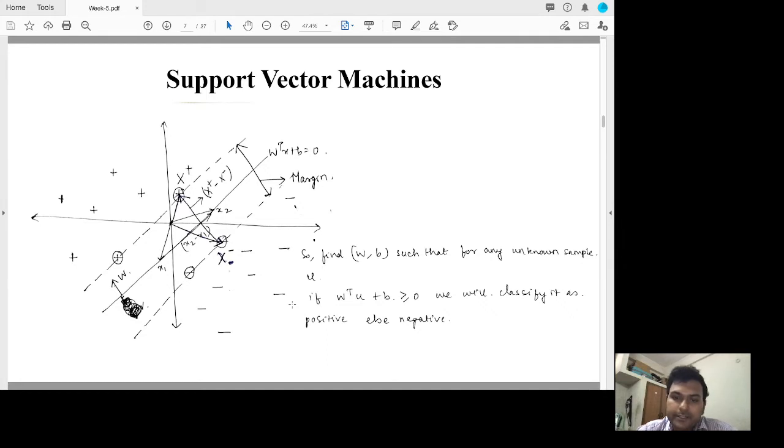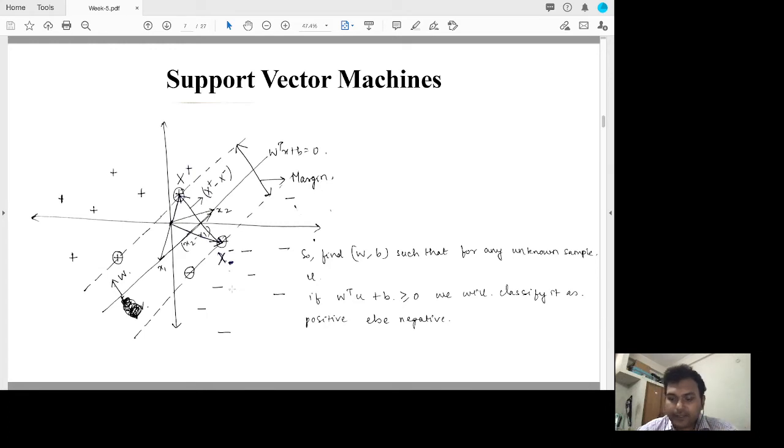Suppose somebody has come and told you that this is W and this is B for which you get the maximum margin. You just take an unknown sample, you do W transpose U plus B, and if it is greater than 0 we'll classify it as positive, else you will classify it as negative. This is the way you define your decision boundary.